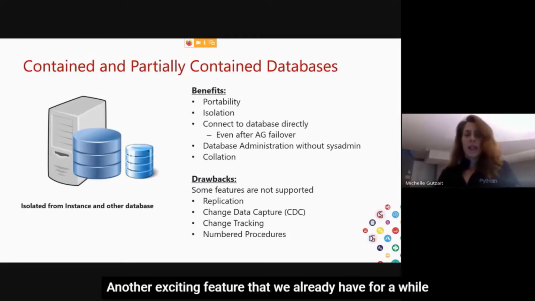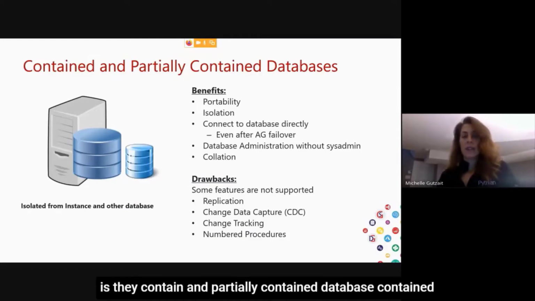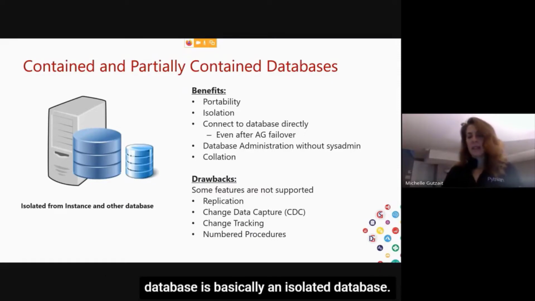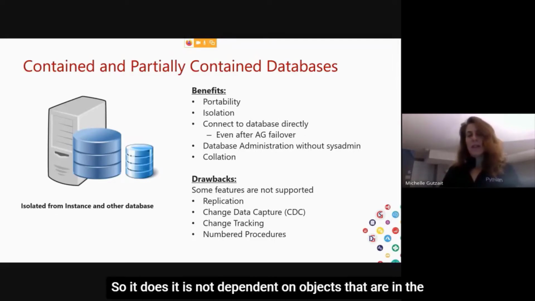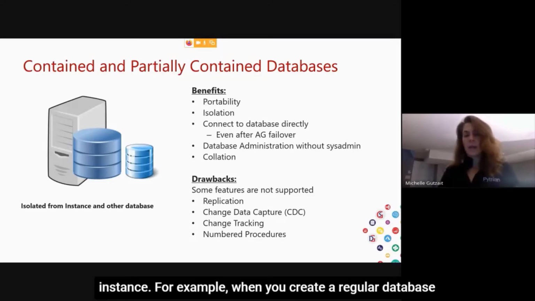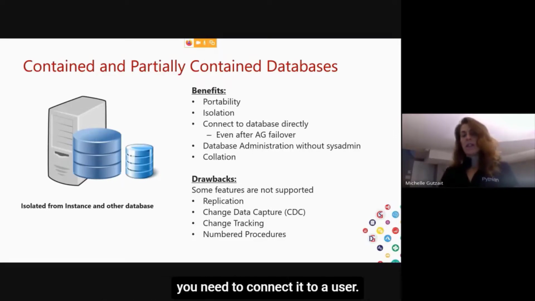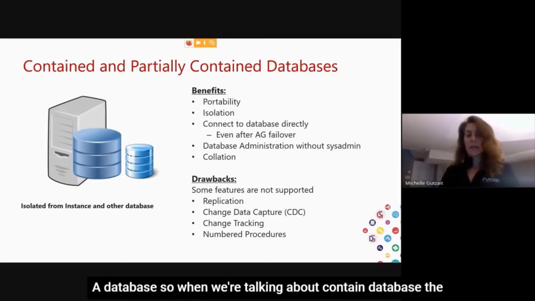Another exciting feature that we already have for a while is the contained and partially contained database. Contained database is basically an isolated database. So it is not dependent on objects that are in the instance. For example, when you create a regular database, you need a login, which is on the instance level, and then you need to connect it to a user in a database.